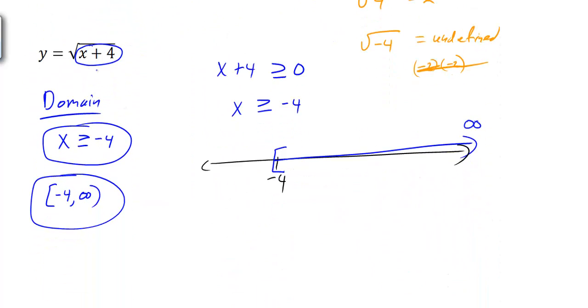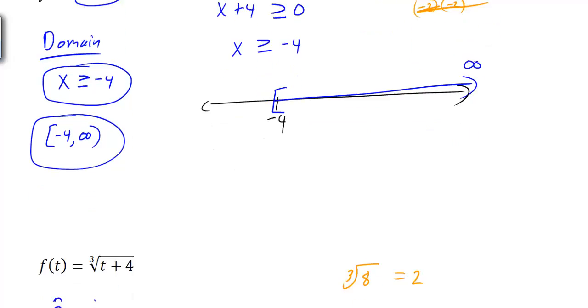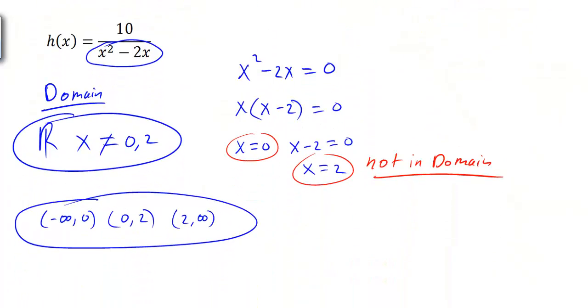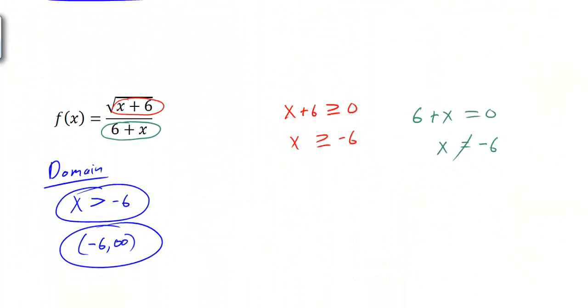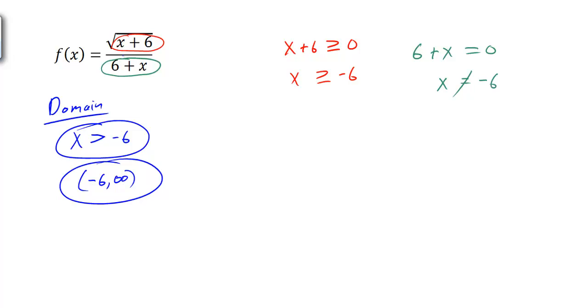And if you have a square root, then you must take the square root of only values that are greater than or equal to 0. So if you have a function where you have a fraction with the square root, be very careful, because then you can only take the square root of values that are greater than or equal to 0, but at the same time the denominator cannot be equal to 0.